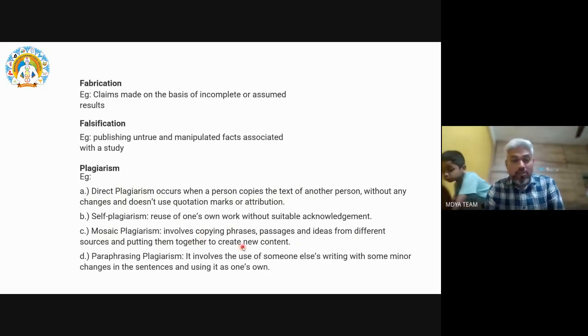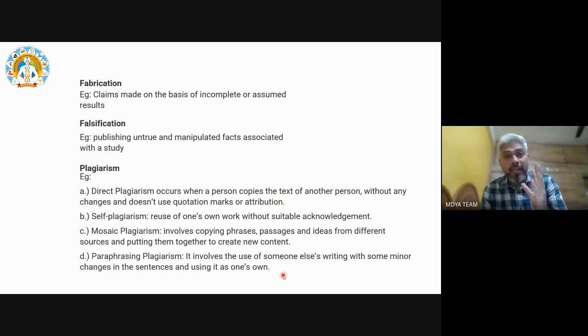This is also mosaic plagiarism. Paraphrasing plagiarism involves the use of someone else's writing with some minor changes in the sentences and using it as one's own. So this is basically about plagiarism.